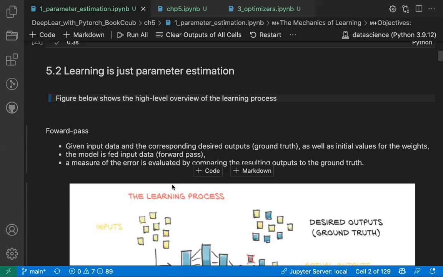Basically, it's just trying to find some parameters that optimize your loss function, that minimize the loss. That is just what deep learning is. At the end of the day, when we train a model from beginning to end, all we are interested in is finding some parameters such that when we plug them in, the loss is low. As they said, learning is just parameter optimization, parameter estimation.